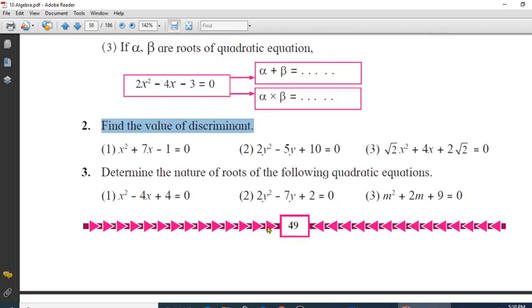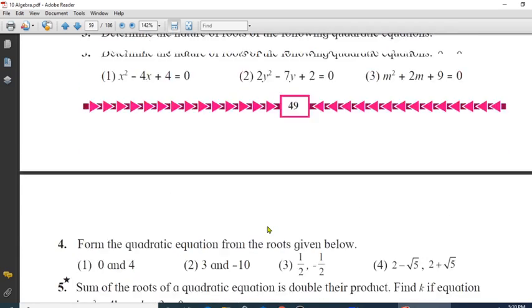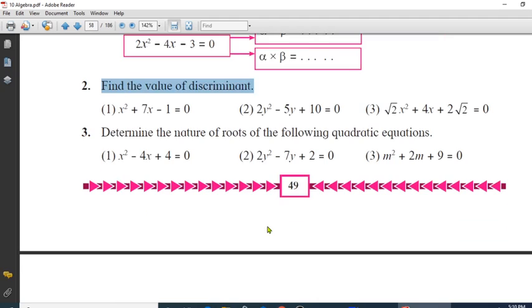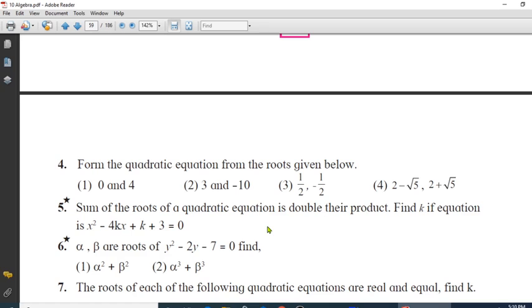We're going to solve the remaining questions from this exercise, and in the previous video we have already discussed the various properties and formulae which you need to solve all the questions given in this exercise.